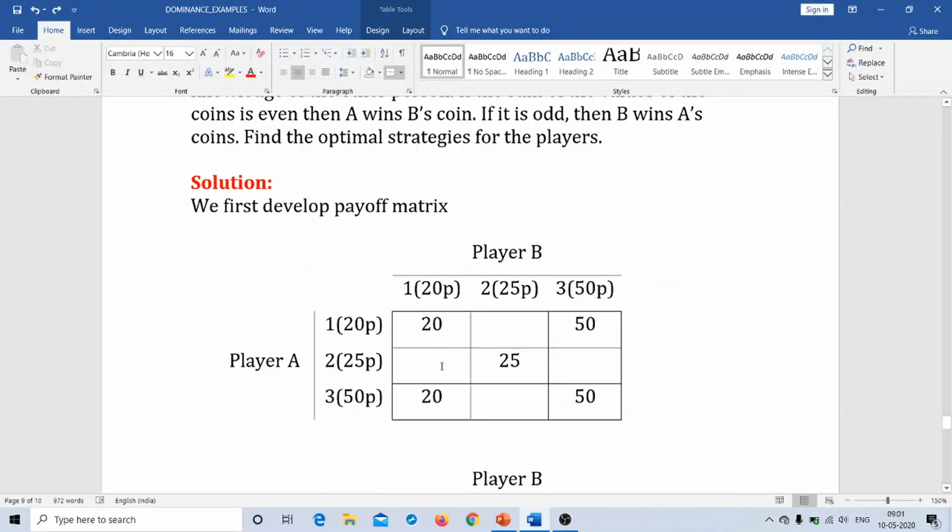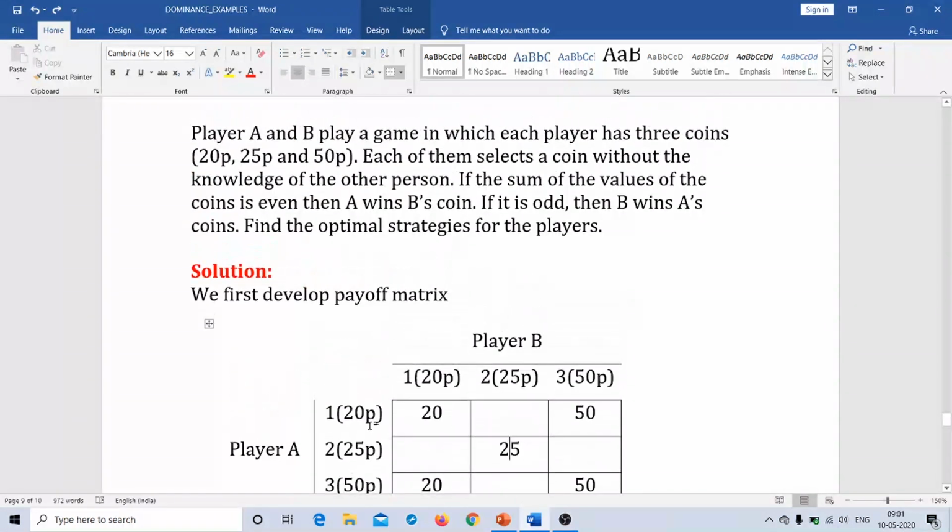As of now, I just kept it blank. Then this 20 and this 50, 20 plus 50 is 70, so this is even. Similarly, this 25 and this 20 is 45, so the sum of the coins is odd. So this is even, this is even, this is even. All the blank spaces in this particular matrix are the cells where the sum is odd.